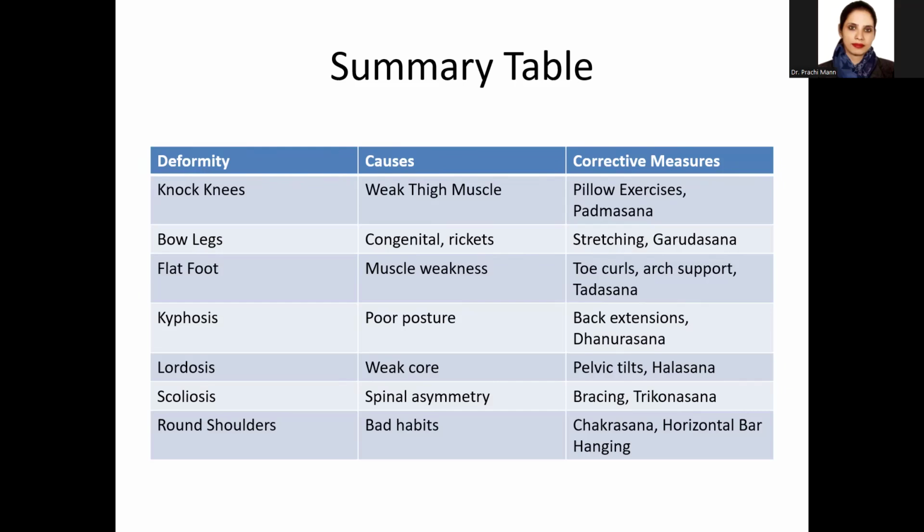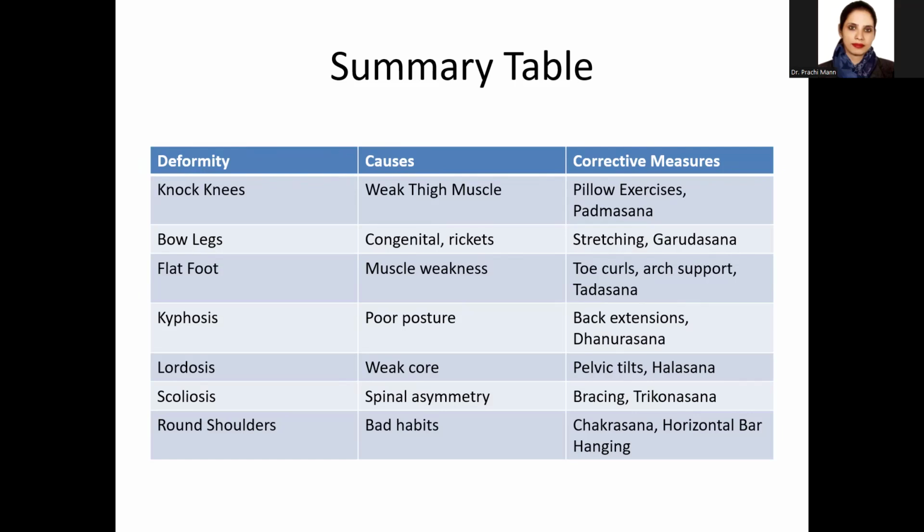Next deformity is kyphosis. Main reason is poor posture, and corrective measures are doing back extension, stretching and exercises, performing dhanurasana, chakrasana, bhujangasana. Next deformity is lordosis. It is because of weakening of core muscles and pelvic tilts, strengthening of core, and performing halasana, ardhalasana is helpful in treating lordosis.